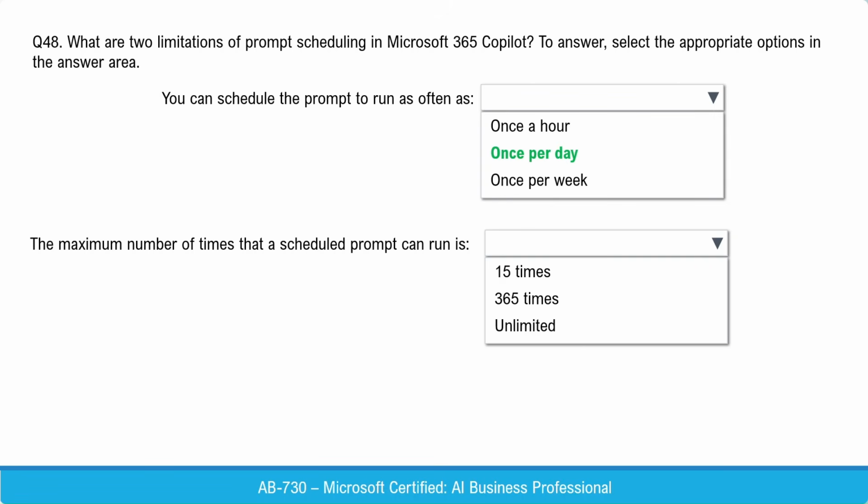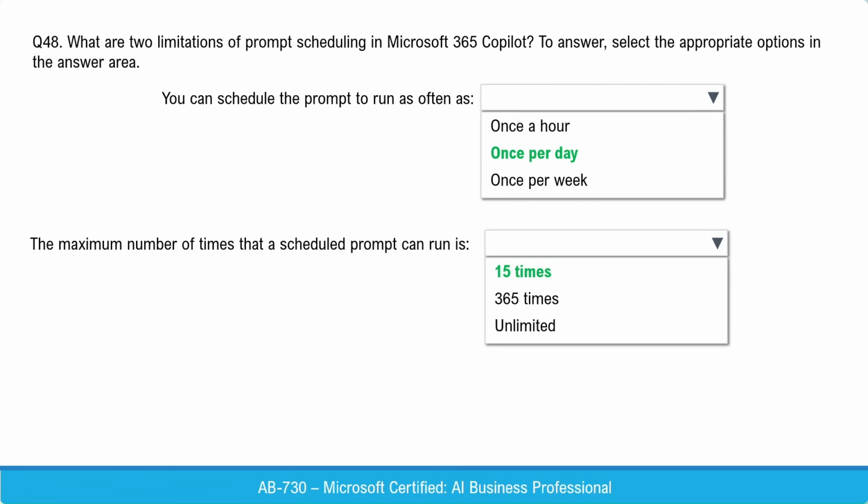You can schedule the prompt to run as often as once per day. And for the second part, the maximum times that a scheduled prompt can run is 15 times. Let's understand why. In Microsoft 365 Copilot, prompt scheduling has specific limitations to ensure controlled usage.